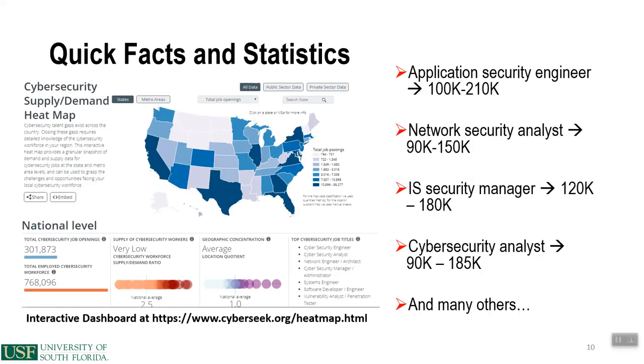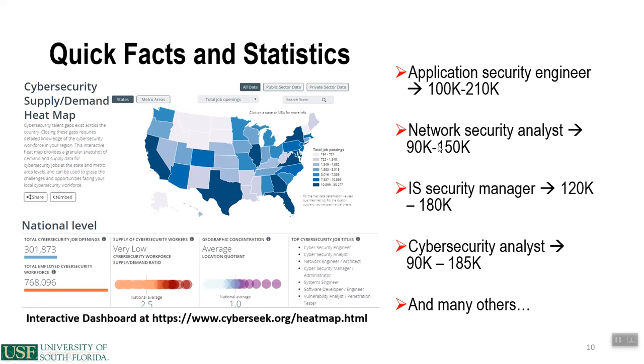Some quick facts and statistics. I would suggest that you actually look at this interactive dashboard. Some of the jobs that you can get with a good cybersecurity background, say application security engineer, the salary for this could be ranging from 100K to 210K, so a significant amount of money.